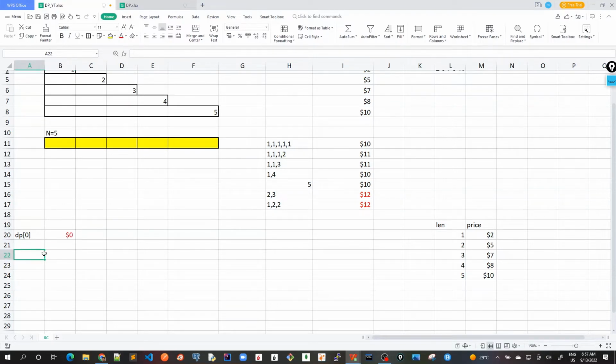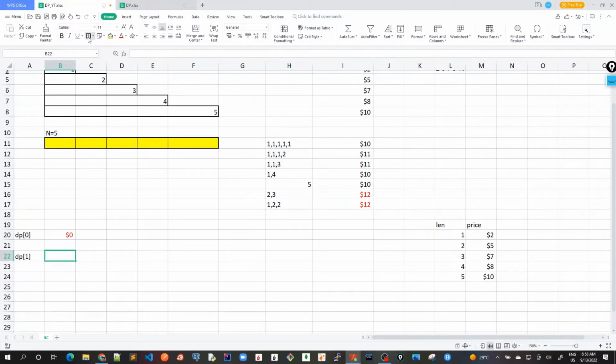Okay, so now let's move on to DP1, which means what is the maximum cost I can get from a rod of length 1 only. So here we can see that if we have a rod of length only 1, there's only one way we can cut this rod.